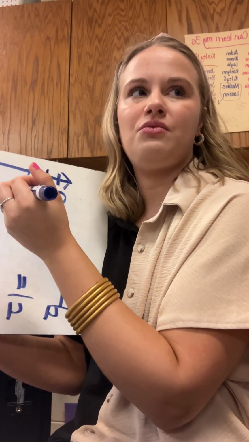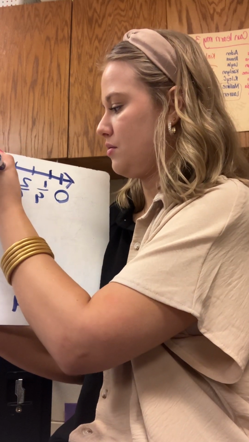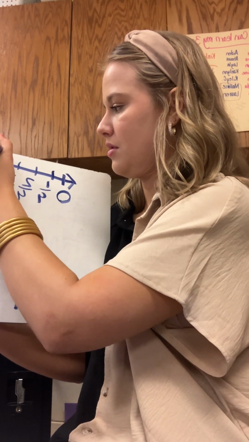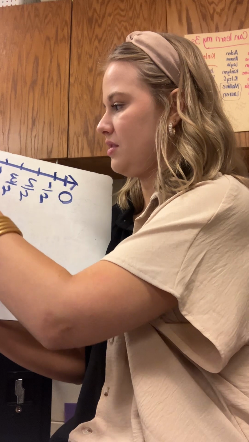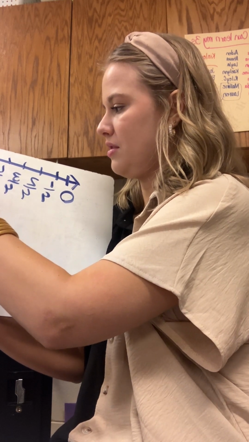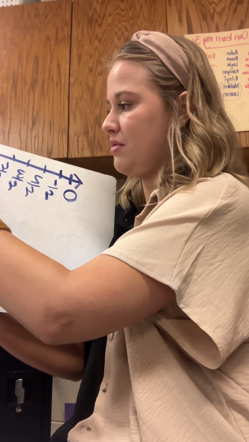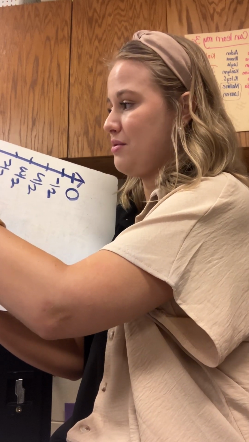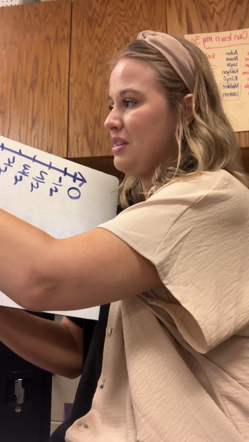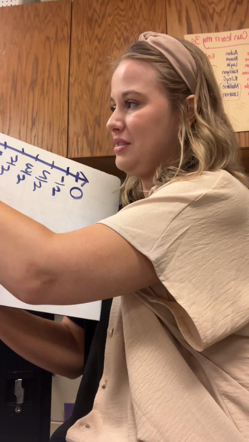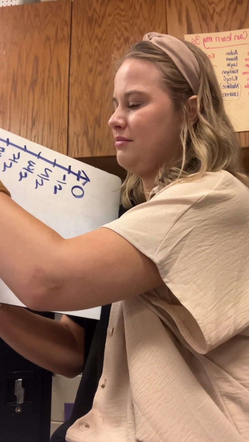Y'all count with me. 1/4, 2/4, 3/4, 4/4, 5/4, 6/4, 7/4, 8/4, 9/4, 10/4. I'm running out of room. One more. 11/4. I did 12. It's an ugly number line I have, but it'll be alright.